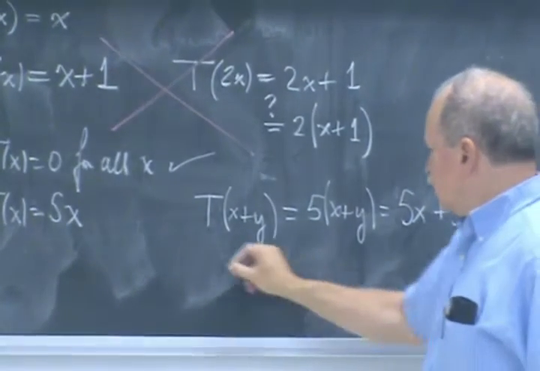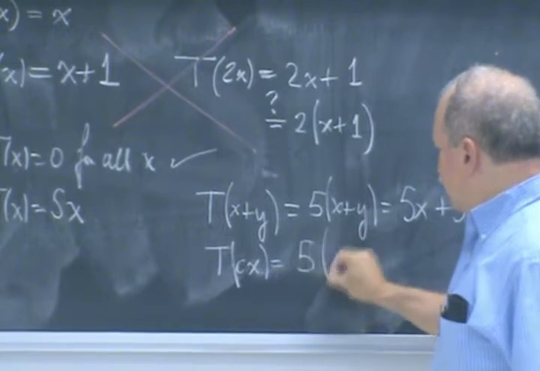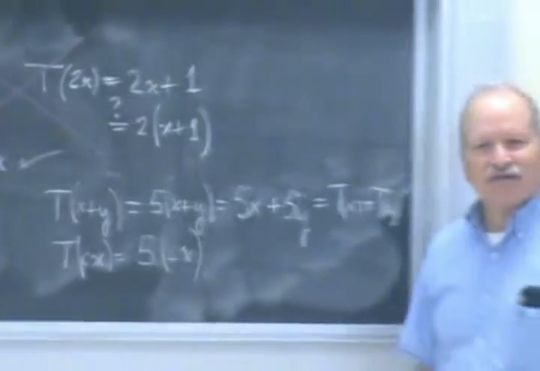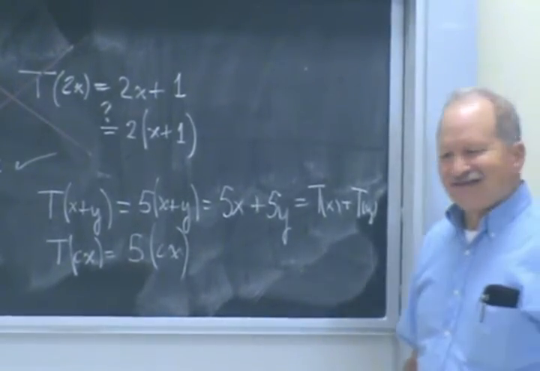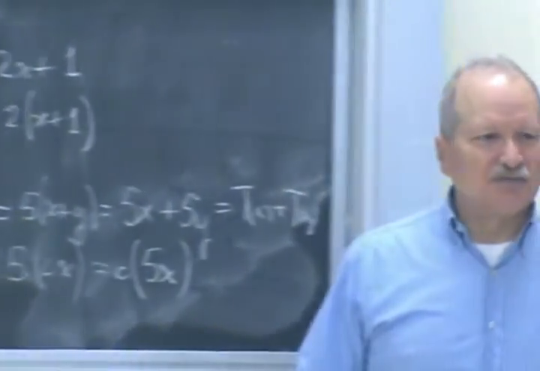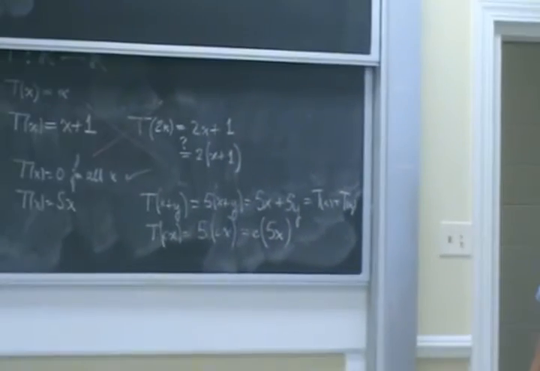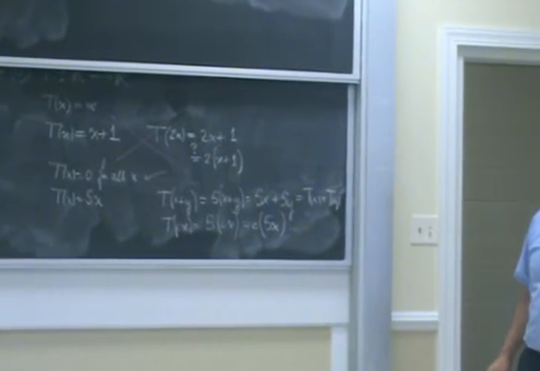And if I take T of cx, I get 5 times cx, which is the same as c times 5x, because multiplication by real numbers is commutative and associative, both, yeah. Okay.